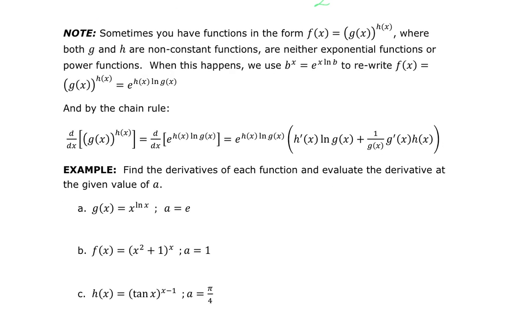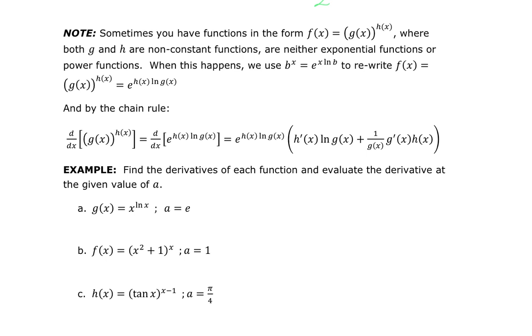All right. Sometimes you're going to have functions in which you have a function raised to a function. When this happens, we're going to want to rewrite this, because we know that b to the x is e raised to the x times the natural log of b.